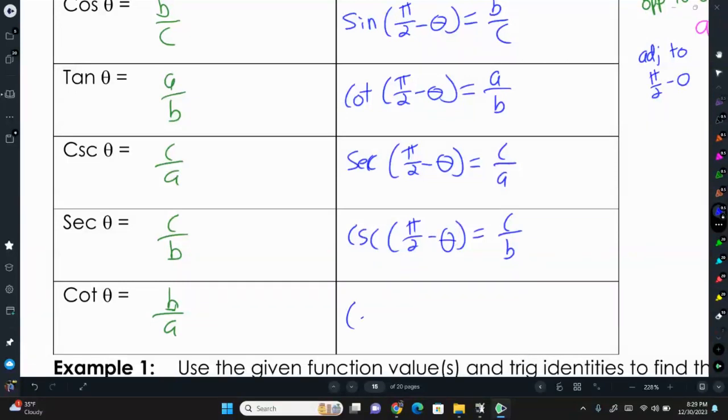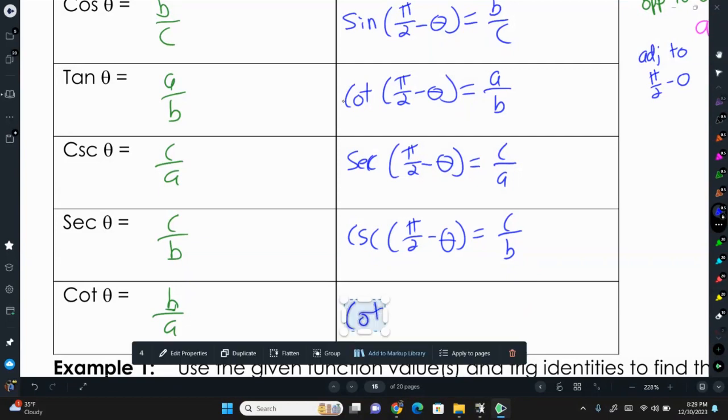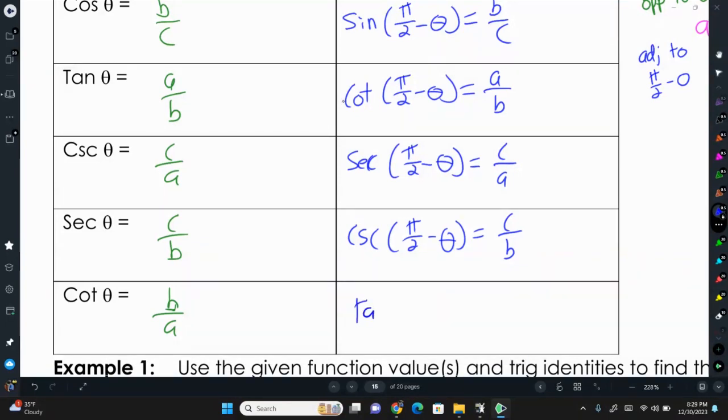And then the same pattern applies down here. So tangent of pi over 2 minus theta is B over A.